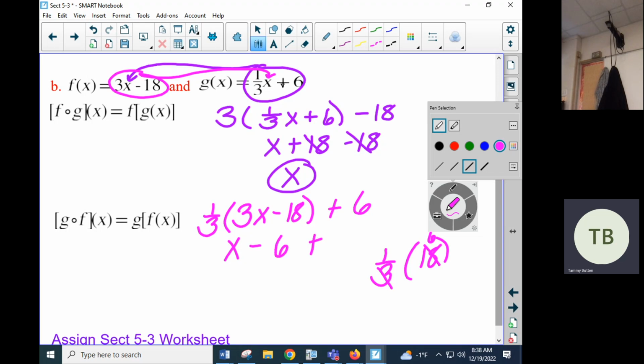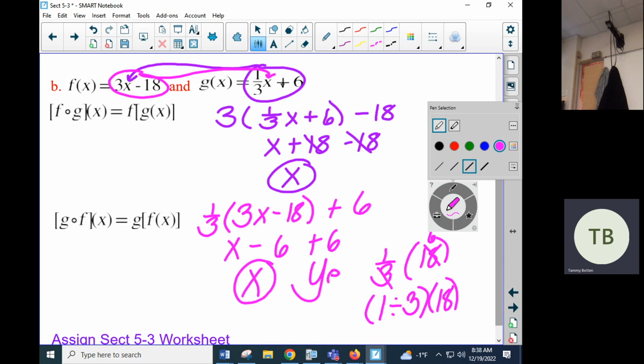And then you have your plus 6. Otherwise, you could have gone to your calculator, 1 divided by 3 times 18. Those cancel, so it is x, and yes, we do have an inverse.